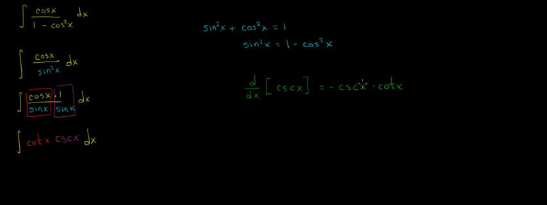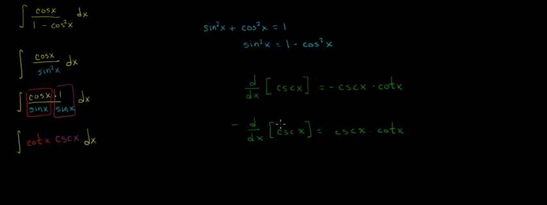Now, this looks very similar to what we have, almost identical, except for this minus sign here. Well, if I multiply both sides by negative 1, I now have that this is cosecant of x times cotangent of x, which is exactly what we have here inside our integrand.